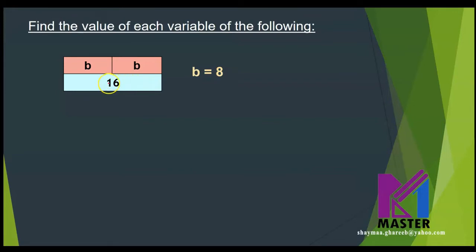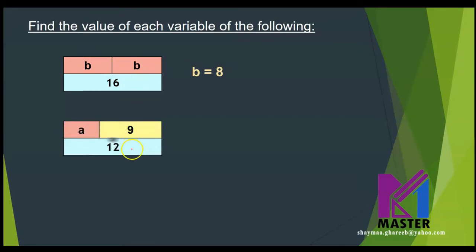Why? Because 16 divided into two equal numbers equals 8. 8 plus 8 equals 16. And because both of them are b, it means that they are the same number. Is this clear? Let's see another example.